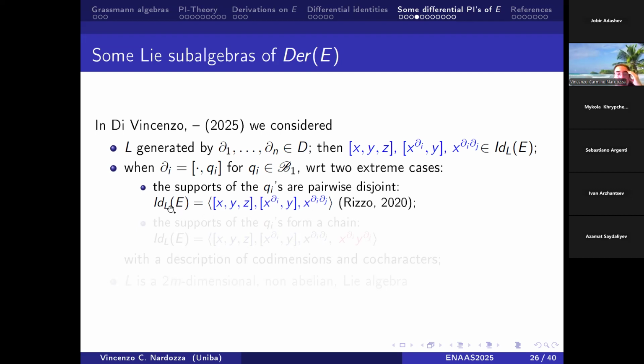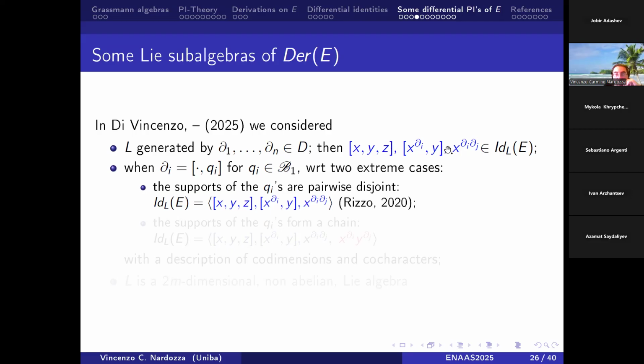And again we recover the result that the ideal of identities of E is generated by these, not three, these are more than three, but this kind of identities, for any arbitrary E and J, is generated by these three identities, the least case.